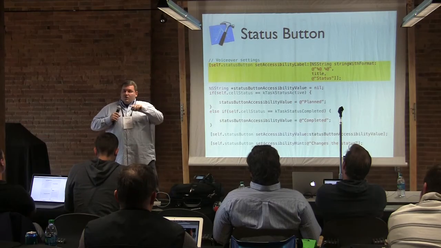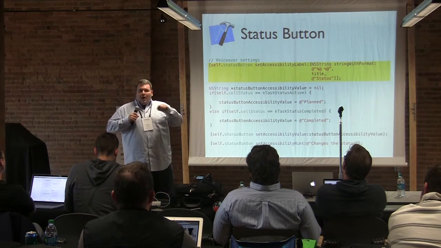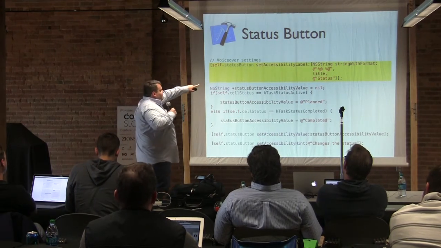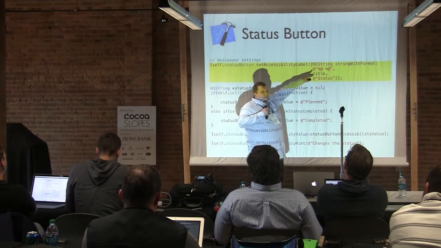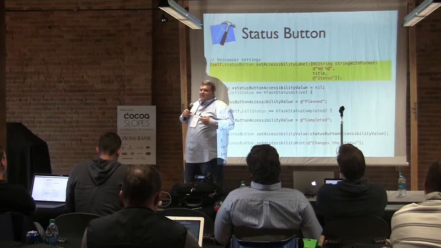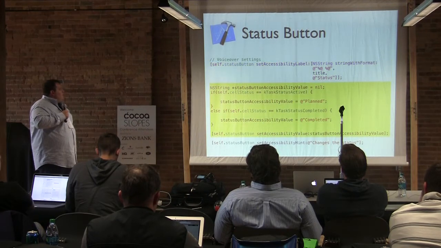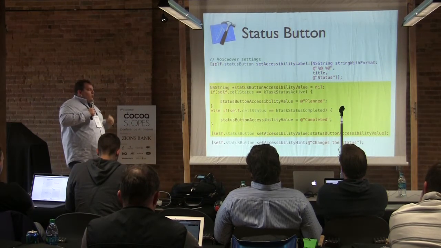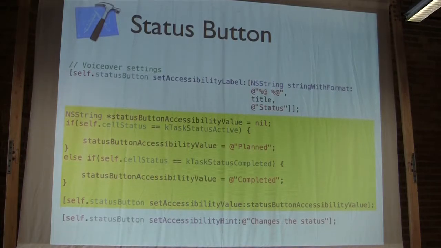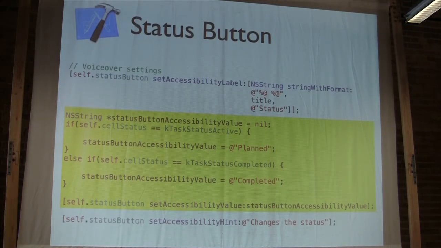Is that the status button for wash the dog? Is that the status button for call mom? That's what this does: it pulls in the title of that task so that we can tell which status button we're talking about. And so we're going to set an accessibility label. But then we're also going to go a little bit further and make use of the accessibility value and give an indication of what the current value of that button is. Is it checked or is it not checked?